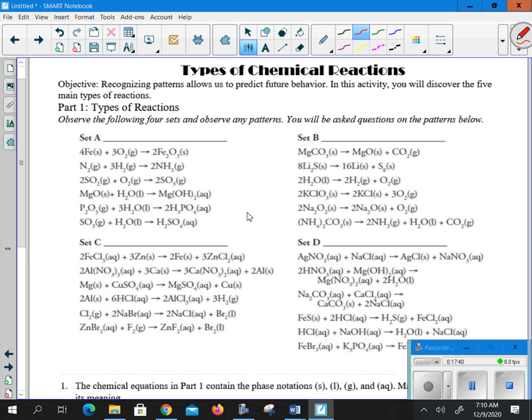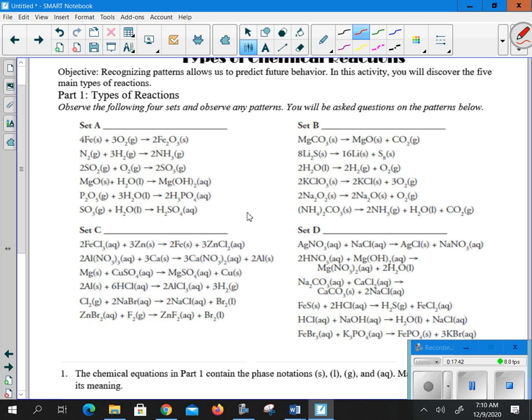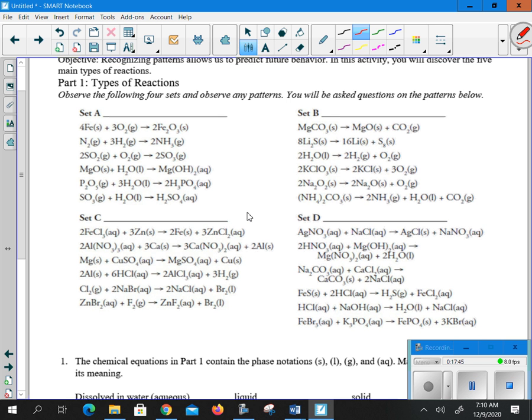And finally, this worksheet I gave you guys in class to look at, and we can wrap it up with this. So each set of reactions is a type of reaction. Set A has compound, compound, and then a single product.